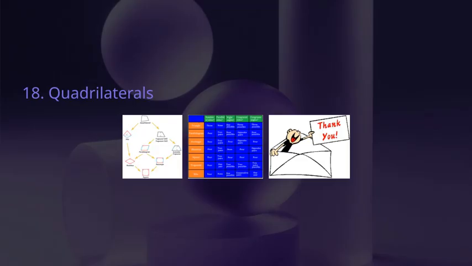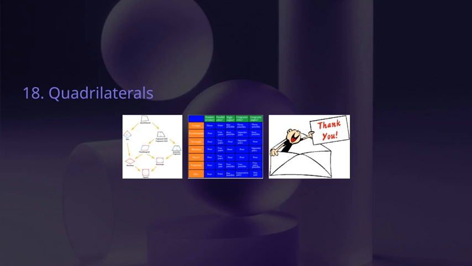Now, as we wrap up our discussion on quadrilaterals, I want to emphasize how understanding these shapes is fundamental to geometry. We've seen that quadrilaterals are four-sided figures, and their properties vary widely. Think of squares, rectangles, rhombuses, and trapezoids. Each has unique features, but they all share the common trait of having four sides.